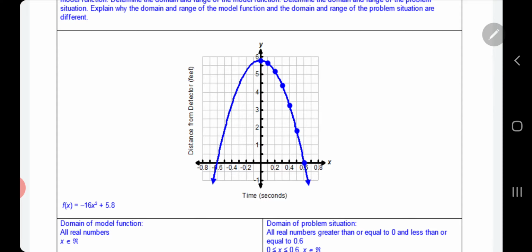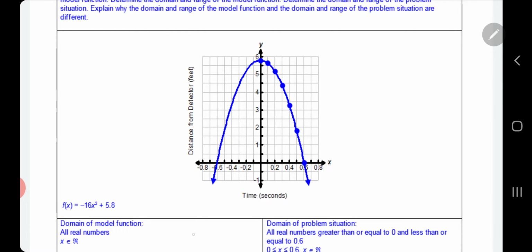So with all quadratic functions, if you're just given the function, the domain is going to be the set of all real numbers. Because once again, you're going left and right, and you want to find the furthest left point and the furthest right point. Well, in this case, if you go to the left, you're looking down, and so it has an arrow going down. This is indicating that we're going down and left forever.